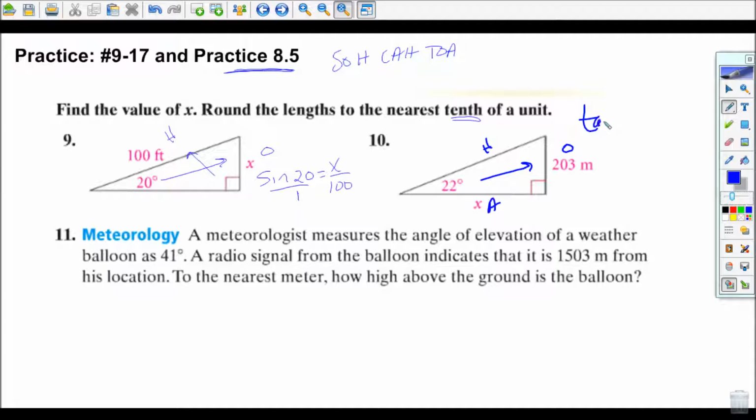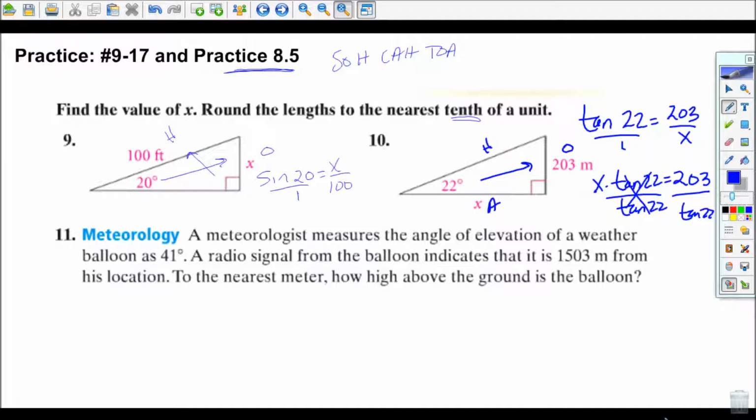So we're going to use tan of our angle equals 203 over x. So keep in mind if you cross multiply in this one, you're going to get x times tan of 22 equals 203, and then divide by tan of 22. And that will give you your x value.